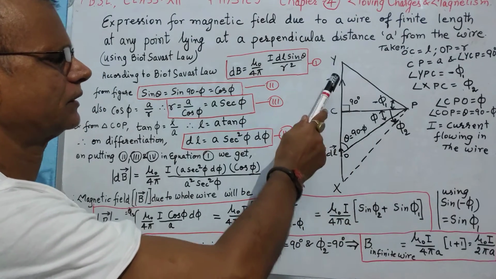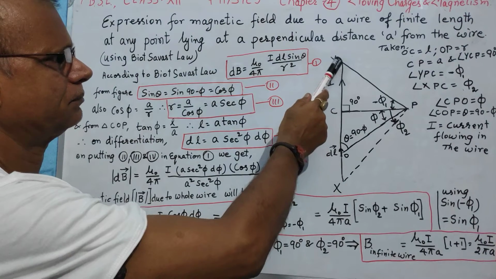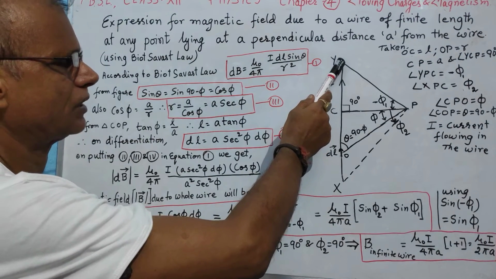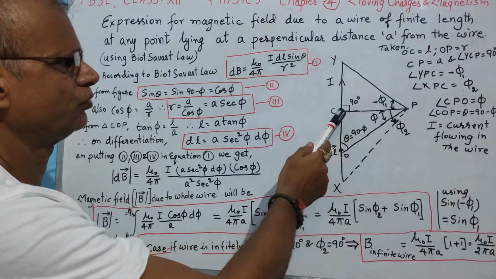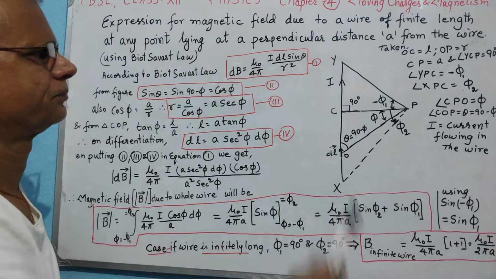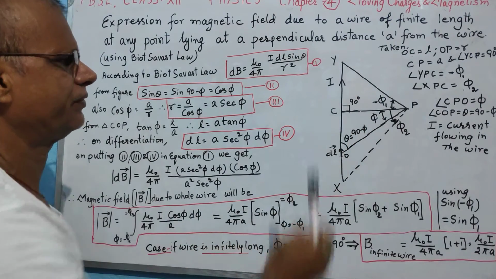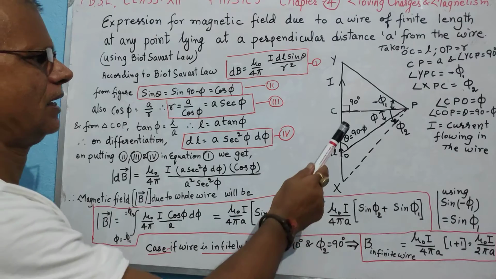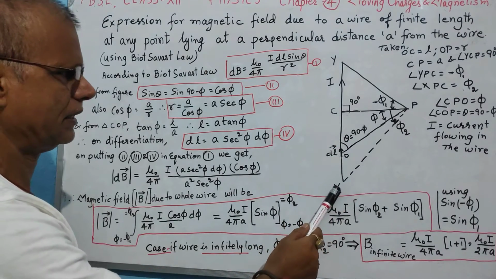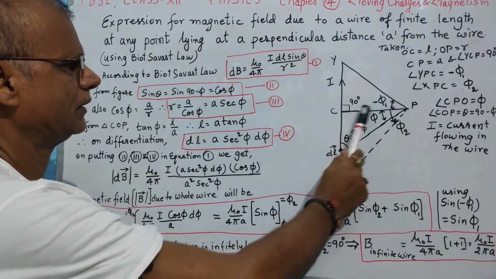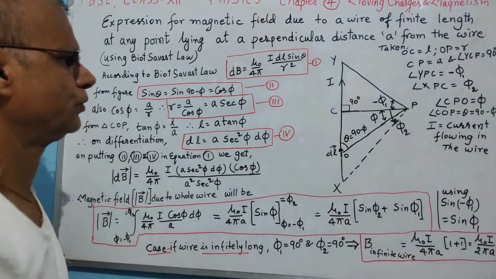So we also consider that the angle made by arm YP with the CP arm is minus phi 1, and the angle made by the arm XP with the arm CP is phi 2.